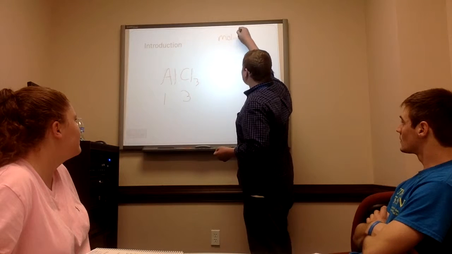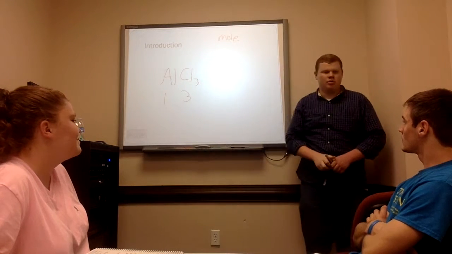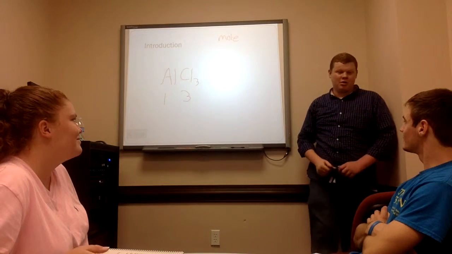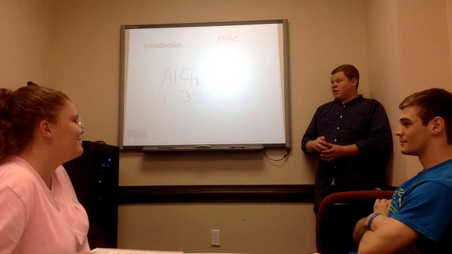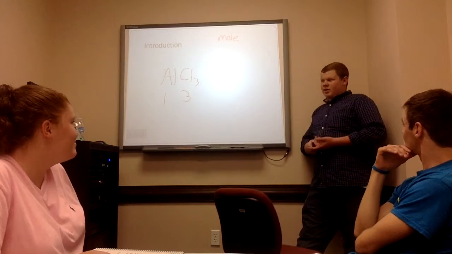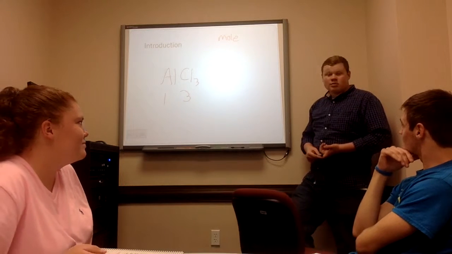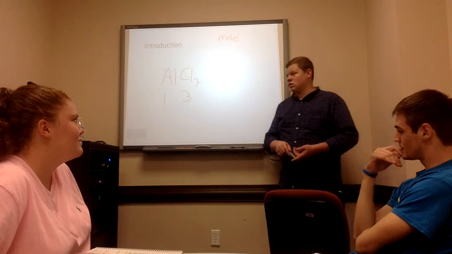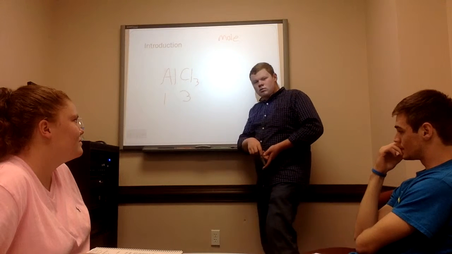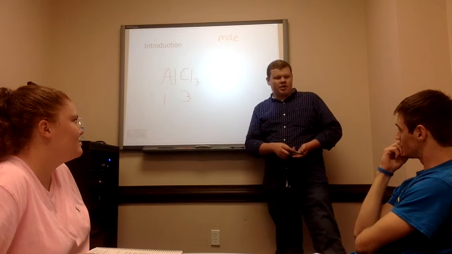So, look, as we continue, a mole. What is a mole? It's a unit. What is that unit? It could represent the amount of molecules, the amount of ions, the amount of atoms. It could represent anything. By definition, the mole is the number of atoms in a thing.